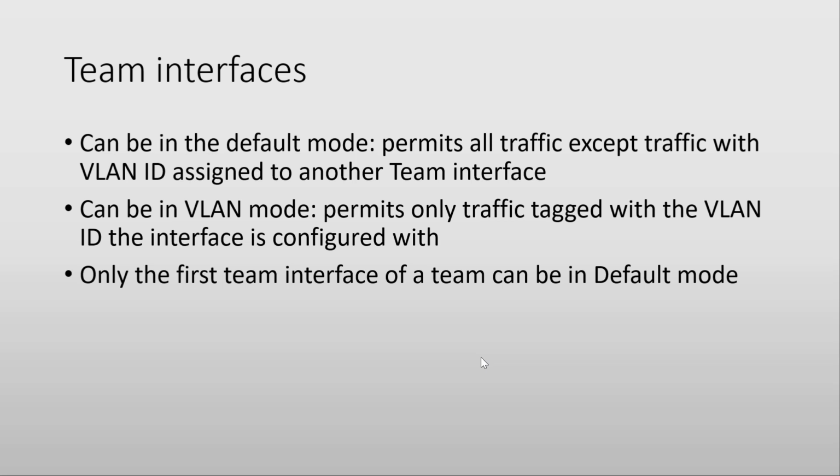So if you have two interfaces, one is in default mode and one is in VLAN 21 mode, everything that is not for VLAN 21 goes through the default, everything that is for VLAN 21 goes through the VLAN 21 team interface. And we get to the second one that I just explained, the VLAN mode, in which each interface has a VLAN and traffic tagged with that VLAN ID is permitted to go through. And for a specific team, only the first team interface can be in default mode.